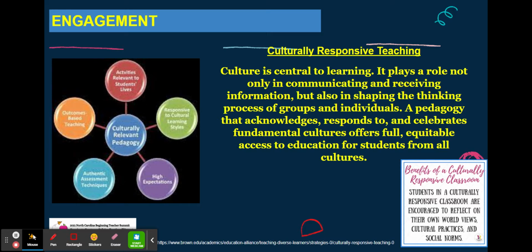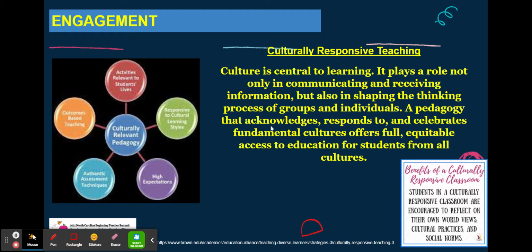Culture is central. It plays a role not only in communication and receiving information, but also in shaping the thinking process of groups and individuals. So when we are facilitating a lesson in our classroom, we want to be intentional about creating those avenues and pathways to extend the thinking. So we want to connect and then extend.